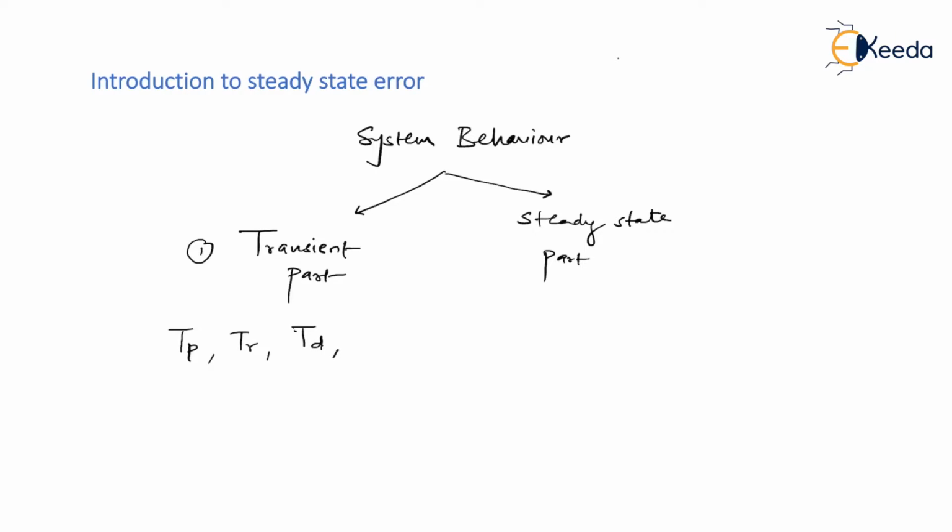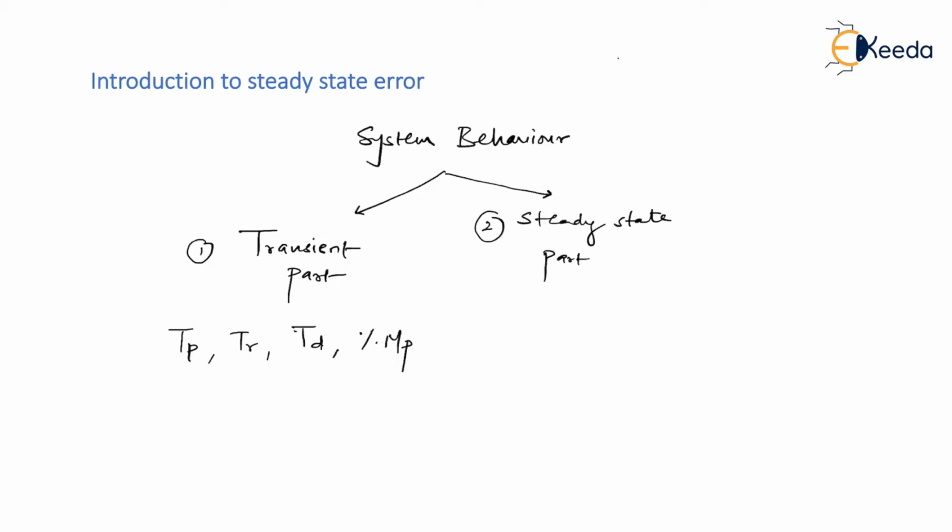Also we have seen the zeta variation and the system behavior: for zeta equal to 0 it is undamped, for zeta between 0 and 1 it is underdamped, for zeta greater than 1 it is overdamped, and for zeta equal to 1 it is critically damped. So everything that we have studied so far is the transient part. Along with this we have seen how to calculate percentage MP and everything, and the remaining part that we have to see is the steady state part.